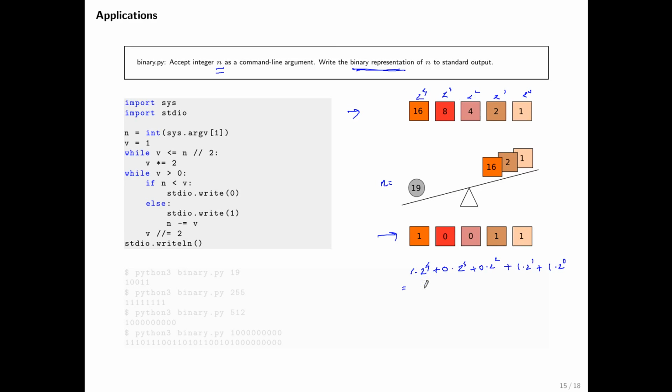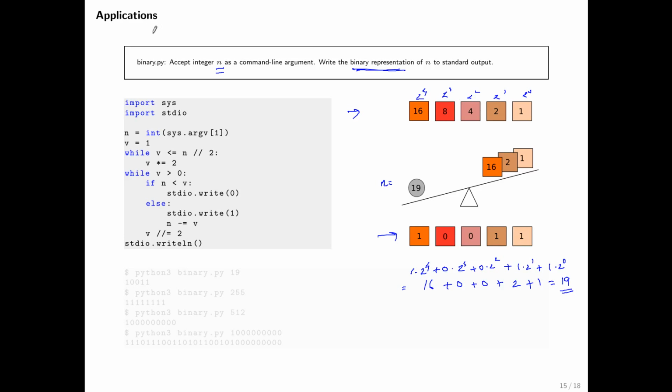So this is basically 16 plus 0 plus 0 plus 2 plus 1, and that is 19. So that's how you would solve the problem conceptually, and the Python program that you see here exactly mimics this idea. It translates this idea into Python code.